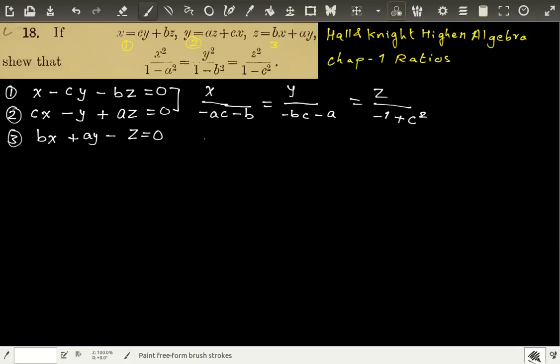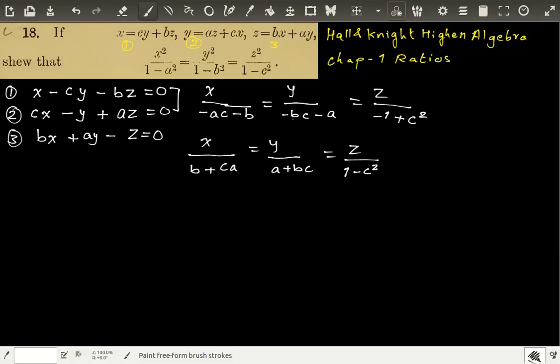Now this can be written as x times b plus ca is equal to y times a plus bc is equal to z times 1 minus c square.